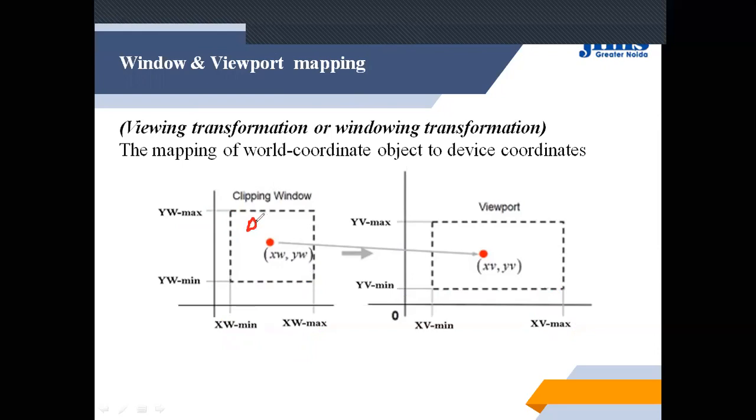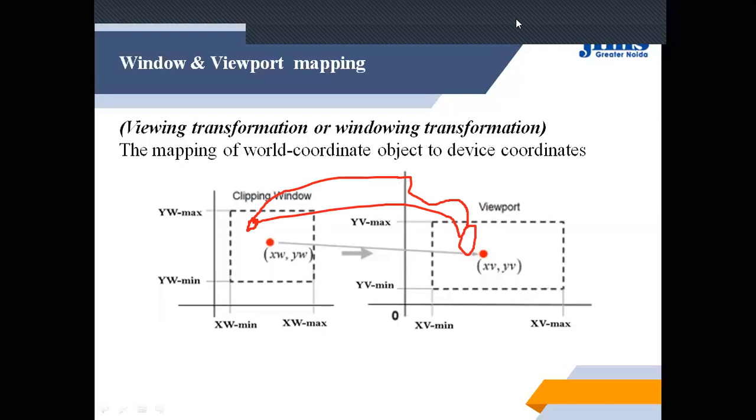First, I have to map this point over here, then I have to map this point over here, means we have to map each and every point. In this way we get the image from window to viewport.